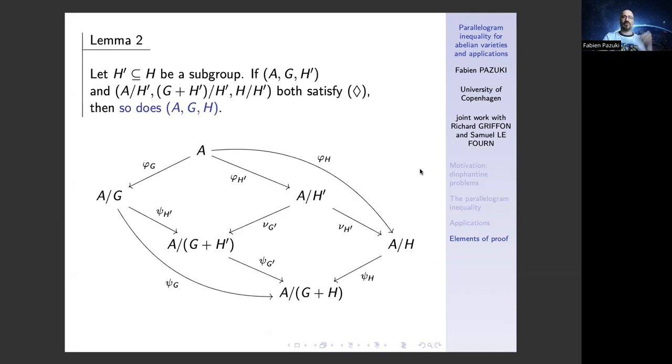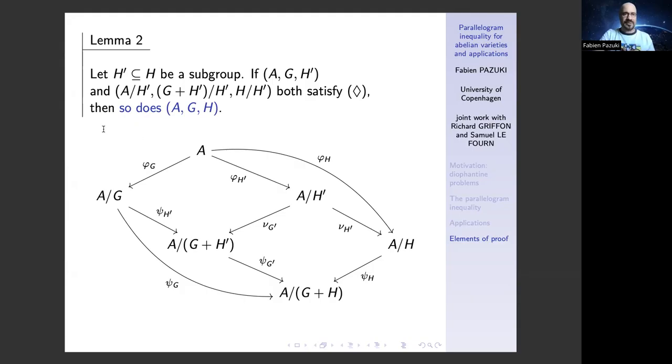Lemma 2. Oh, big diagram. So what's happening here? Lemma 2 is a nice reflex. What we try to do is a proof about a statement that involves a group. To try to advance on this proof, we take a look at what's happening if you have a subgroup of that group.